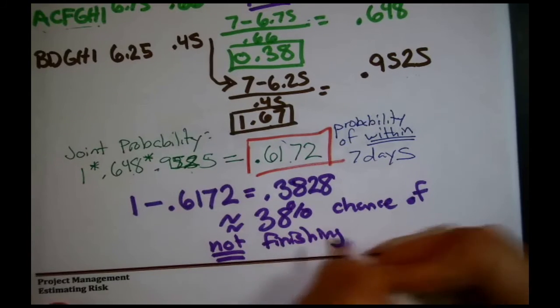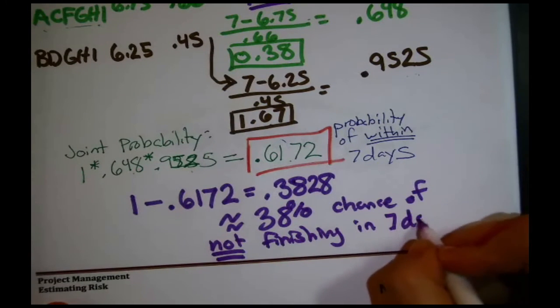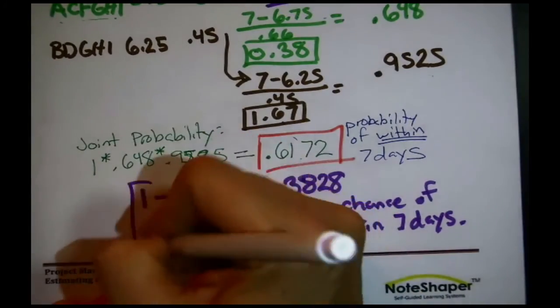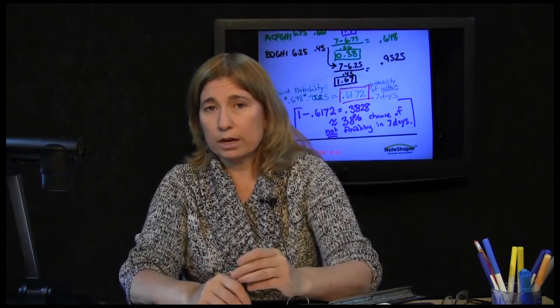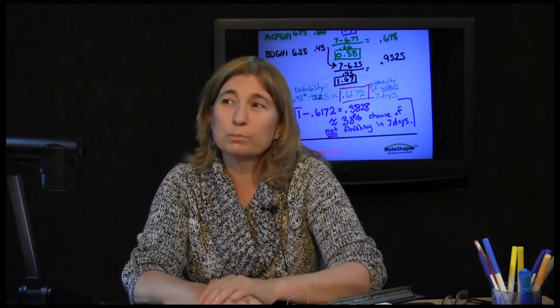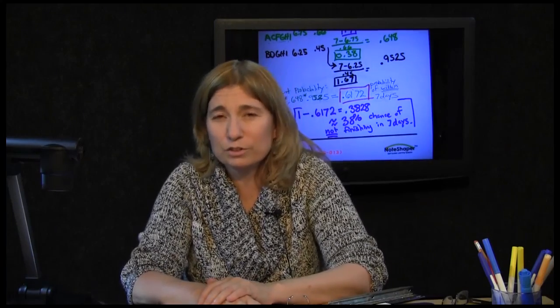So that's the answer right there. The conclusion is, if it would truly be disastrous for the client if this project is not done in 7 days, well, if you go the way you're going right now, there's about a 38% chance of disaster.